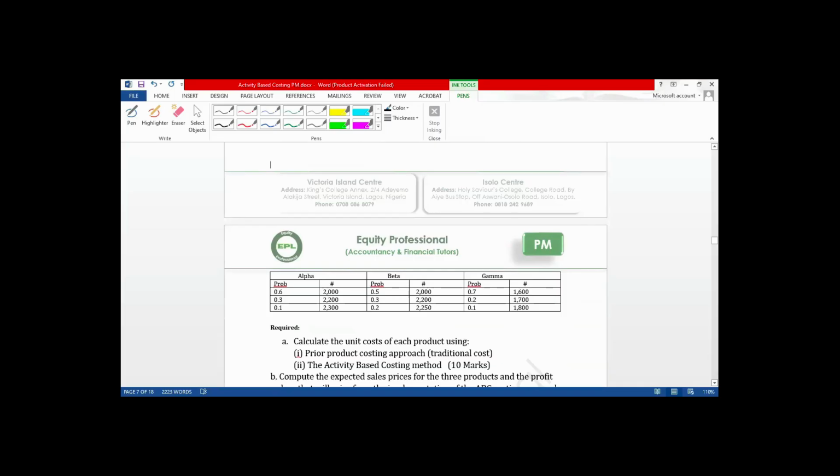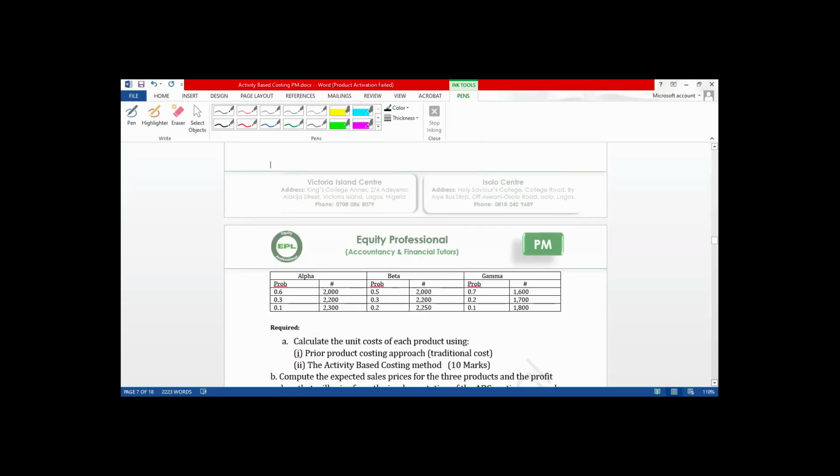For product alpha, the selling price could be 2,000 or 2,200 or 2,300 with probability attached to it.